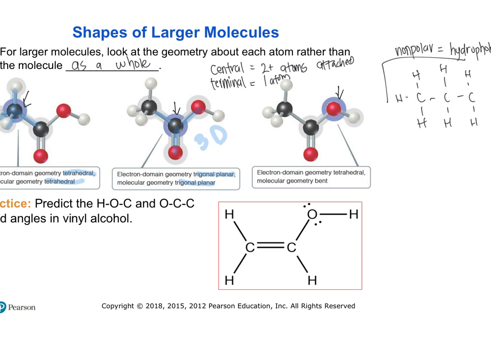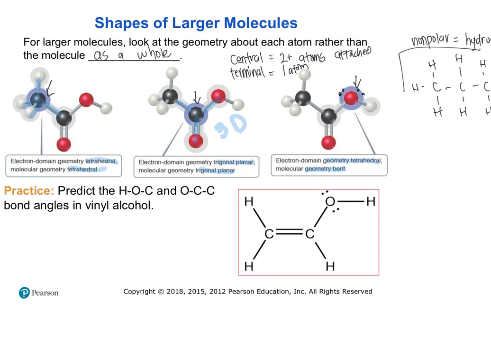What's not written, because this is just the shape, are the 2 lone pairs on the oxygen. This is tetrahedral, bent. Sometimes we won't see those lone pairs if it's not a Lewis structure, so you want to keep that in mind. Look at the shape. It's not linear, so there's something bending that bond. Those are the lone pairs.